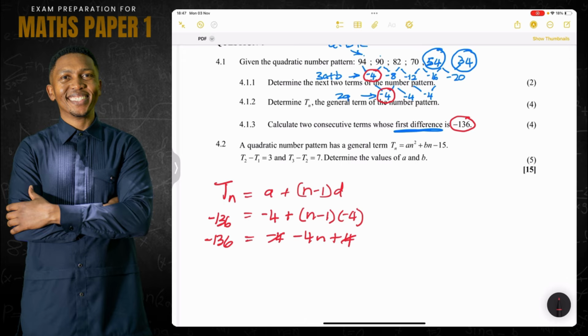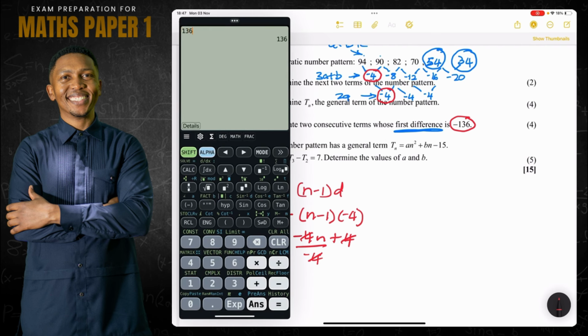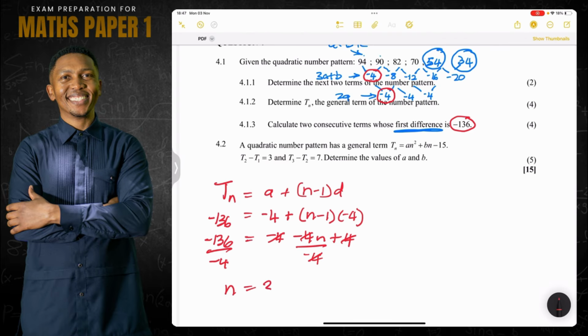And so I'm going to divide both sides by negative 4. So n will be equal to 136 divided by 4, and that gives us 34, right?